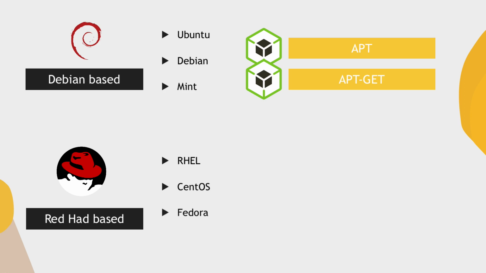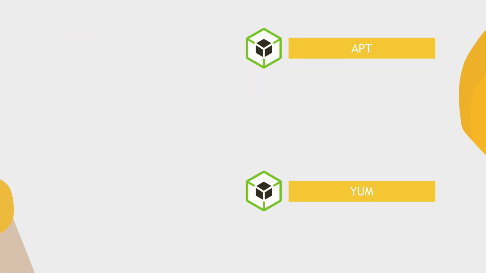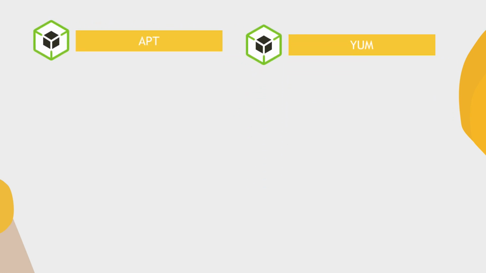You have other distributions as well in the same categories, but these are some of the most known and most commonly used ones. And Red Hat-based distributions actually use a different package manager called Yum. And throughout the bootcamp, we will be working with different remote servers where we will use both apt and Yum package managers. So you'll see examples of both in our later projects as well.